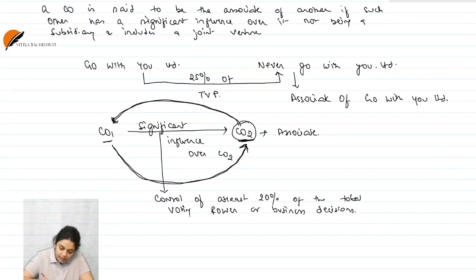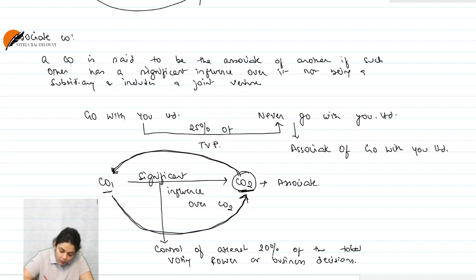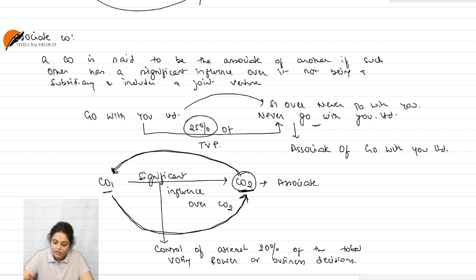So here company 1, that is Go With You Limited, is holding 25% of Never Go With You Limited. Can we say Go With You Limited has a significant influence over Never Go With You? Yes. And so Never Go With You becomes the associate.